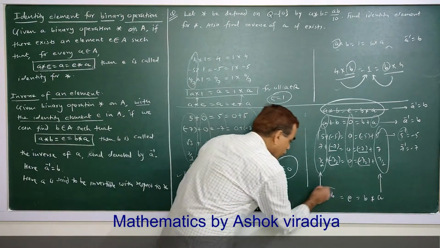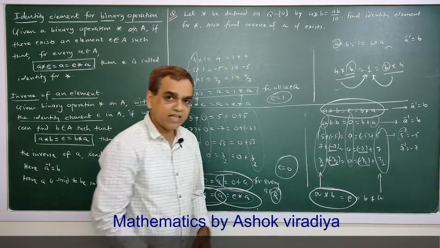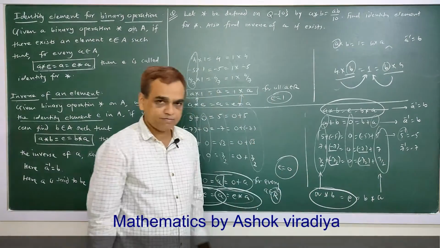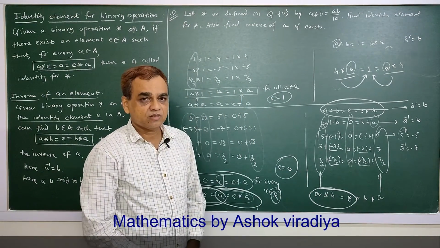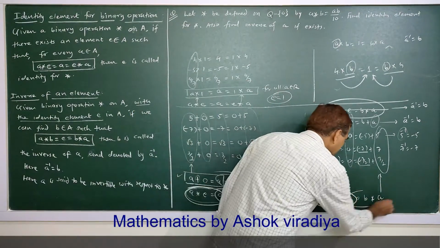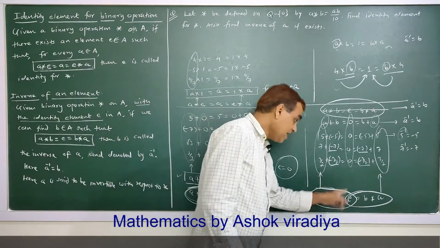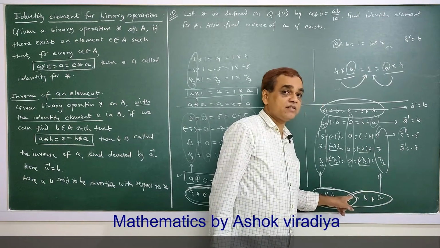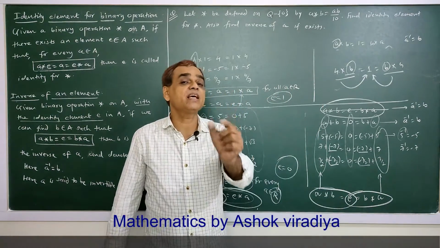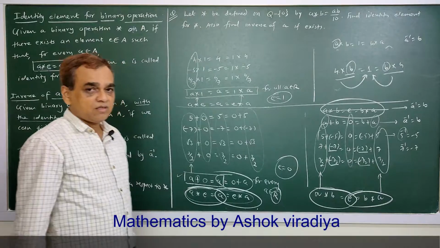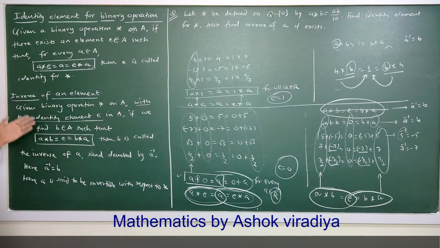Similarly here, only satisfying this part does not mean that B is the inverse of A. This part is also required. A star B is E and B star A is E. Then B is the inverse of A. So this is the meaning of this definition.